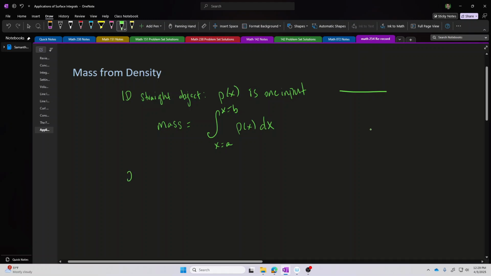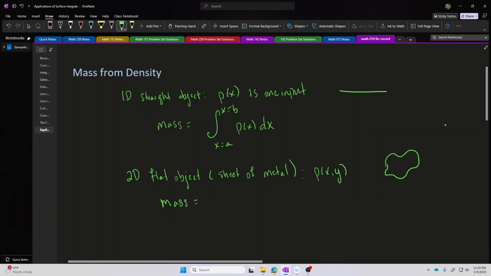If you were dealing with a two-dimensional flat object, then the density function was going to be a two-input function. The mass of such an object was calculated using a double integral of that density function over the region in two-dimensional space that the object occupies.